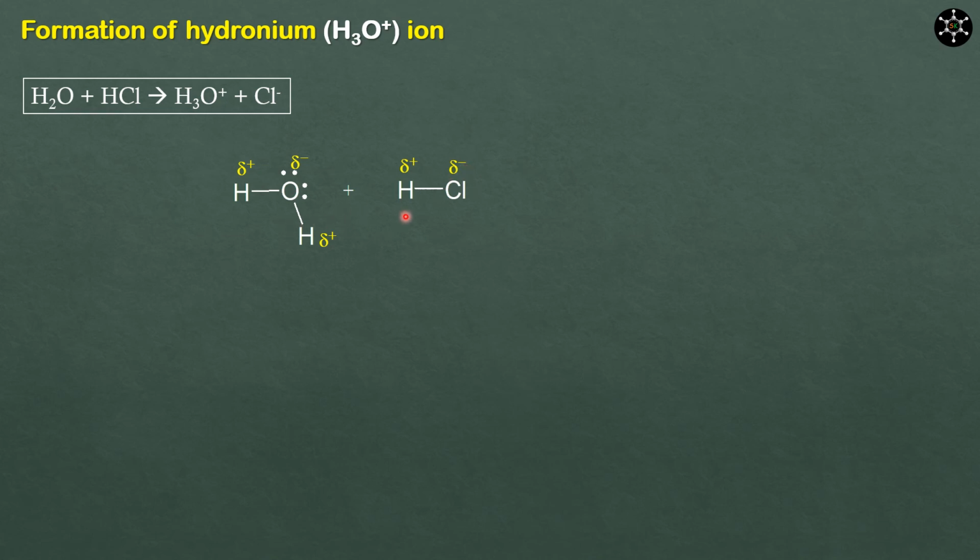When water and HCl are put together, the lone pair of electrons on oxygen attacks the hydrogen of HCl, breaking the HCl bond like this. This results in the formation of hydronium ion and chloride ion. For the bond formation between oxygen and hydrogen, since the electrons are contributed only by oxygen, this bond is called a coordinate covalent bond.